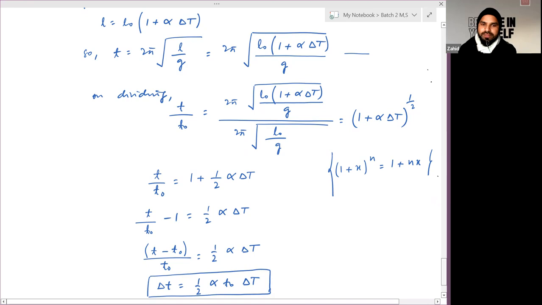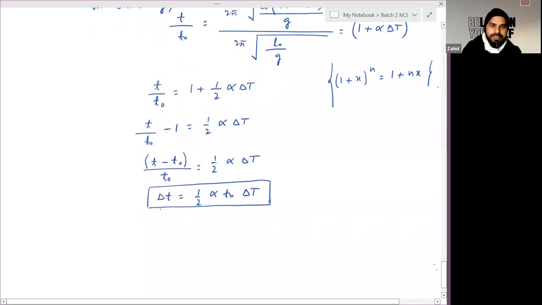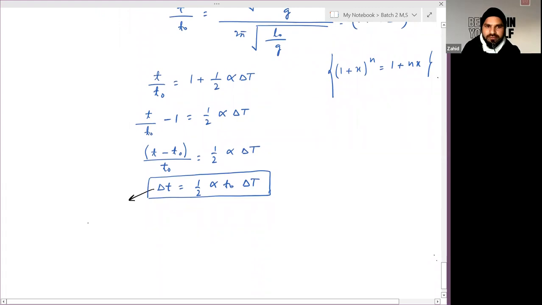For this last expression, let me define you its different part. In this part, delta T simply defines you amount of time loss or gain for a particular period of time if you calculate.